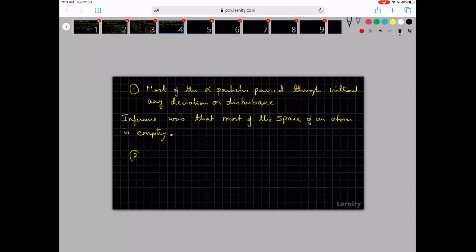The second one is, a few of the alpha particles got deviated by small angles.